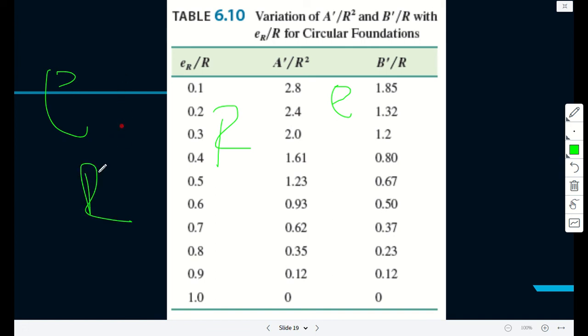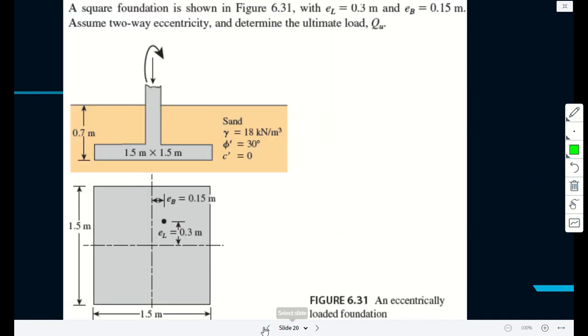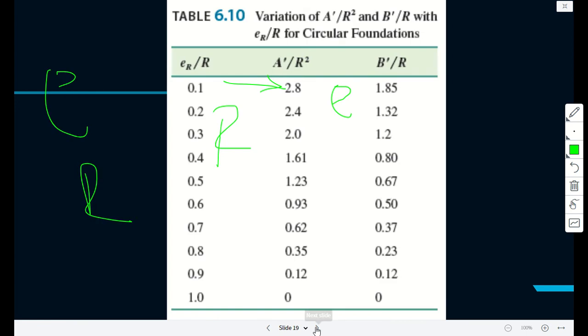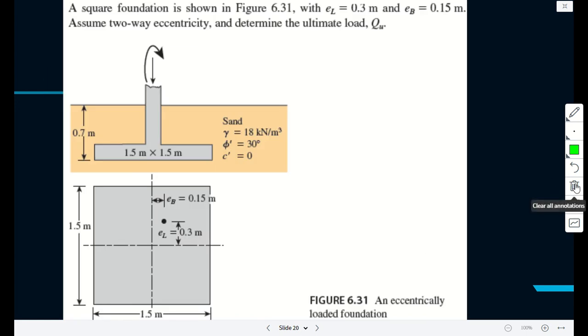So by the ratio of E and R, then you can read from this table what A prime over R squared or B prime over R is, and then you're able to decide the other dimensions as well. So there's an example here for you, based on eccentricity.